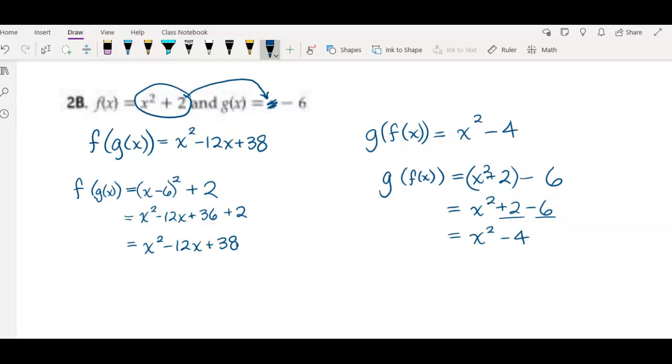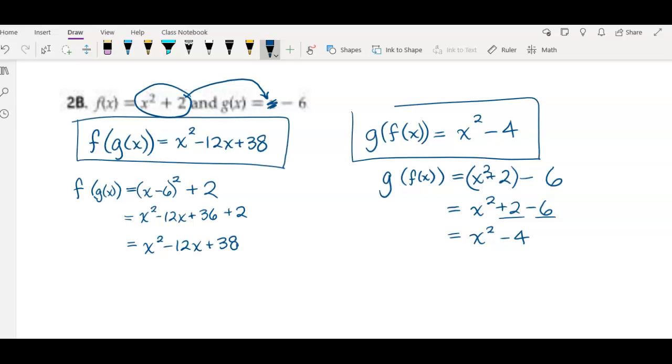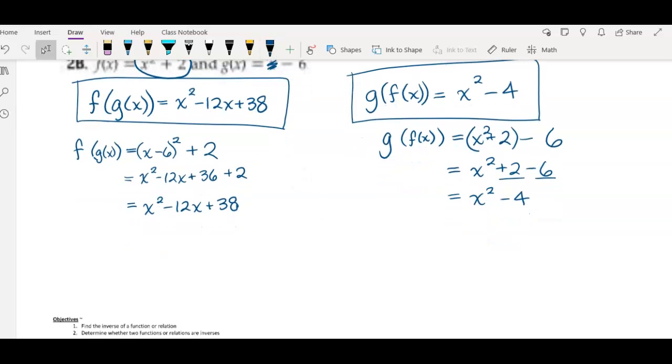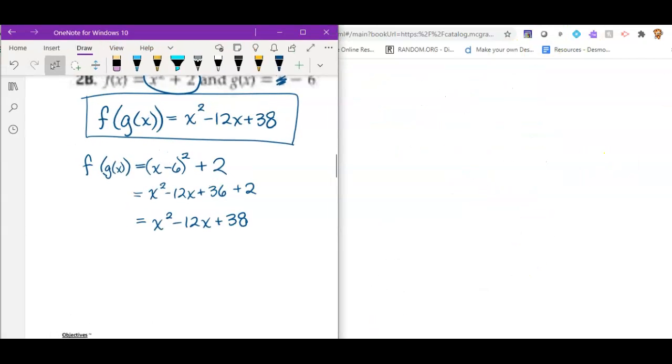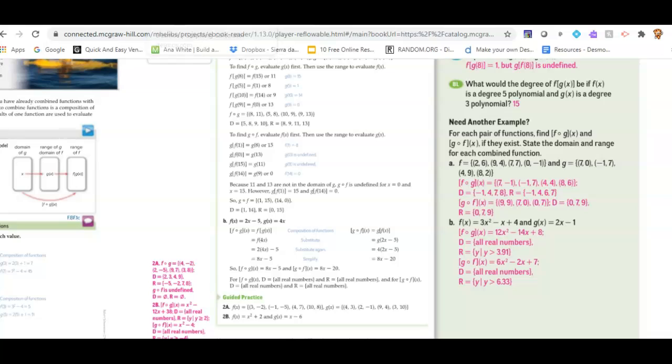But of course, we also need to list the domain and range for our newly composed functions, which is very simple to do with the assistance of graphing technology. So I'm going to minimize my screen and pull up Desmos.